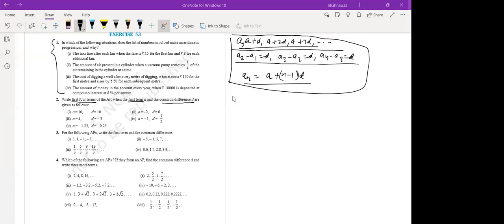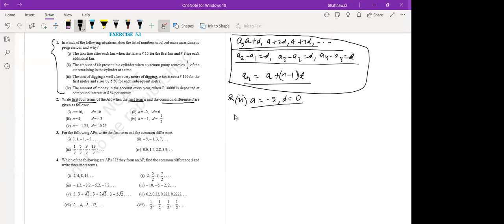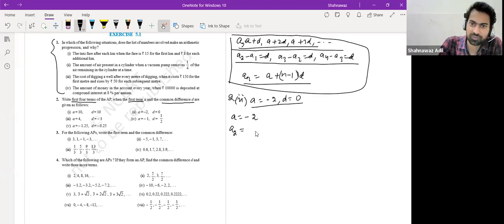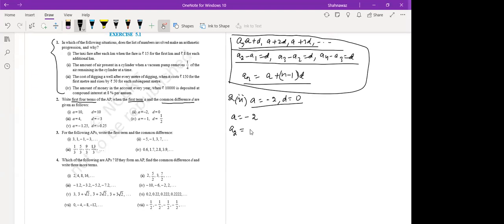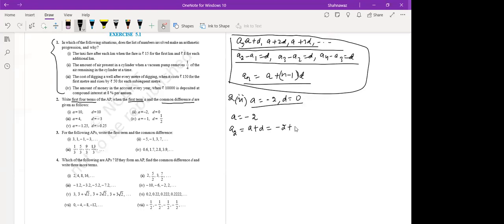Yes, Rizwan. A is minus 2, D is zero. So you found the simplest question. A is minus 2, right? What is A2? A plus D. So this would be minus 2 plus 1 into 0, which is equal to minus 2.